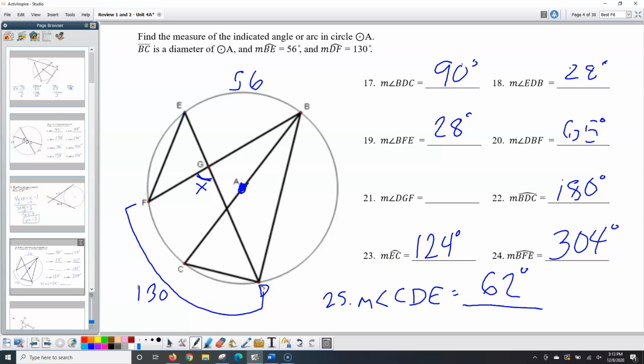So we have that whole angle equals 1/2 big arc plus small arc. So for 21, X equals 1/2 times the big arc is 130 plus the small arc is 56. That's 186. That's 93, I believe.